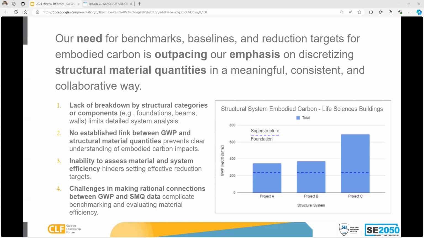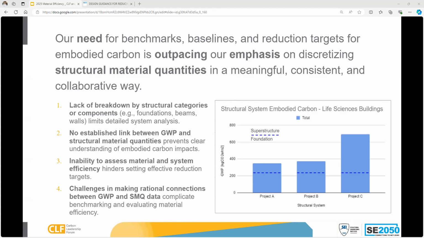And we certainly don't know how efficient each one of these projects is just looking at the GWP numbers. And one of the biggest challenges we're having is that we're not making any sort of rational connections between the materials that we're using and the embodied carbon of these systems.